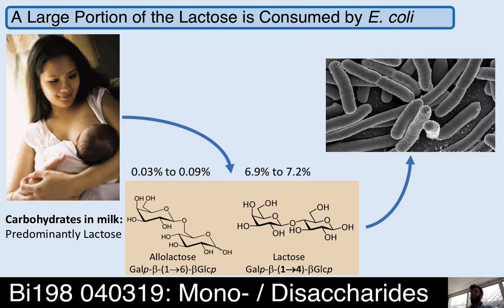Even now, babies who are delivered C-section, often those obstetricians will take perineal swabs from the mother and inoculate the baby with that to be able to give them the right kind of gut flora start. So a huge percentage of the lactose that's in the milk gets taken up by those coliform E. coli bacteria that are in the new baby's gut.